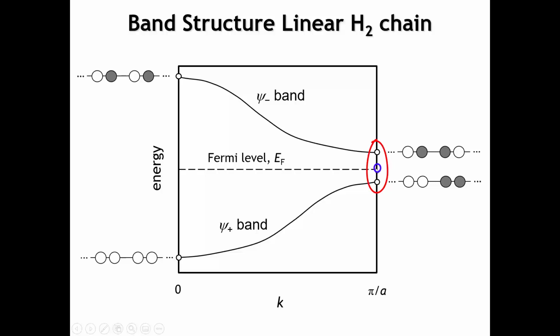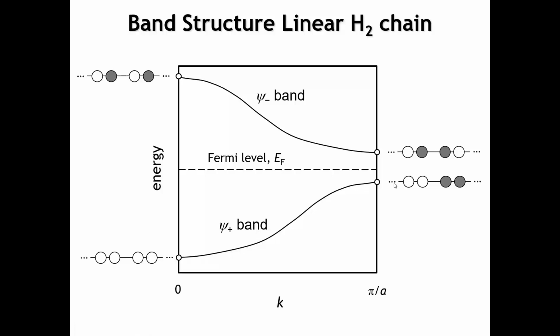So you can see by doing this distortion, which leads to a dimerization, we stabilize some of the crystal orbitals, those that end up in the psi plus band, and we destabilize other crystal orbitals, those that end up in the psi minus band. And that stabilization is only energetically favorable because only the orbitals in the filled band get stabilized.